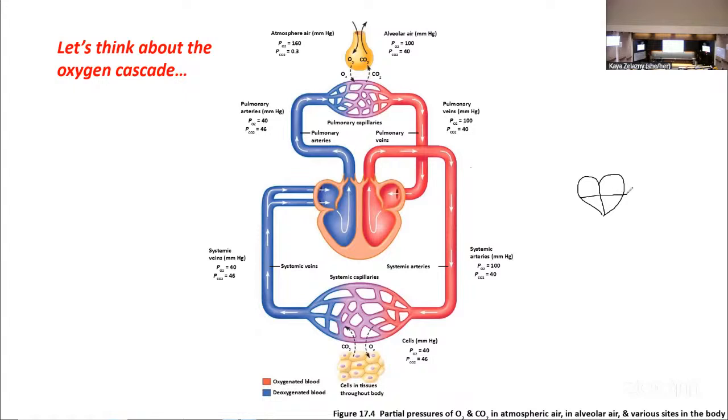So we know that from the right side of the heart, arteries always go away. All right. So this is a pulmonary artery. All right. So those pulmonary arteries are going to your lungs with the goal of dropping off their carbon dioxide and picking up oxygen. Okay. Our pulmonary veins always come back to the heart.